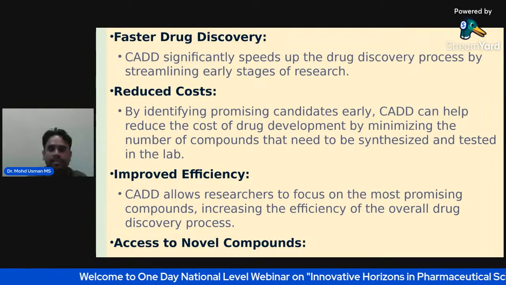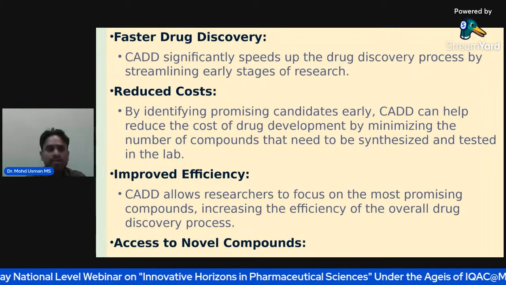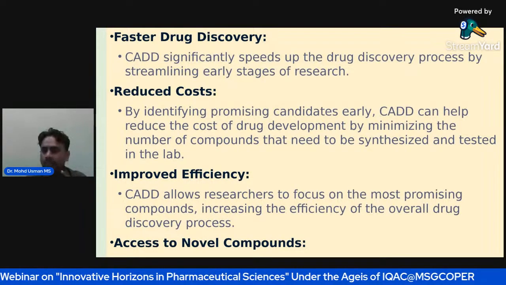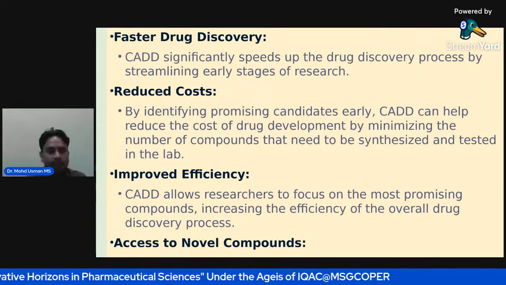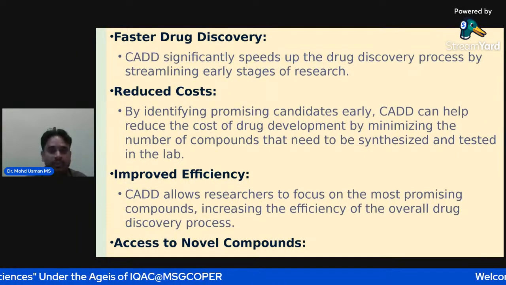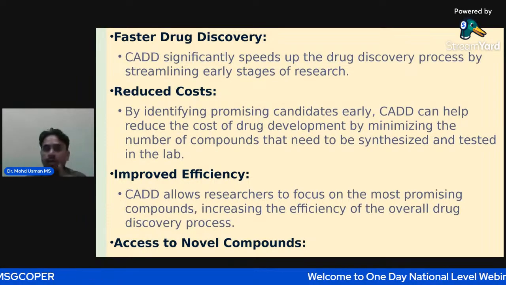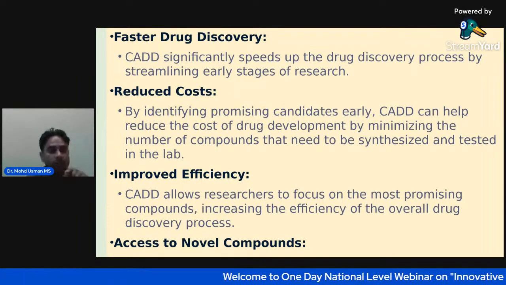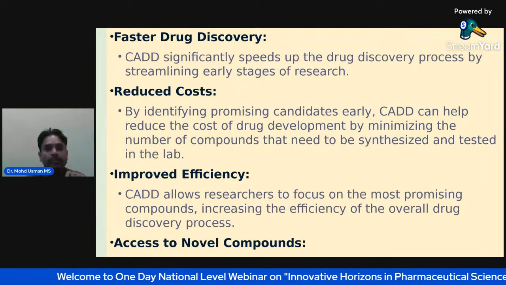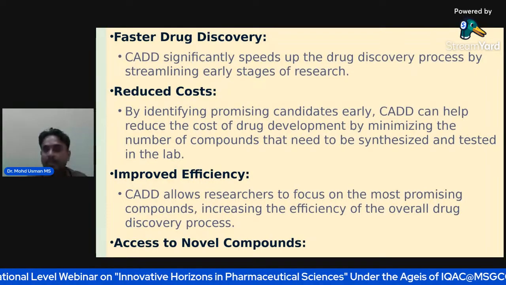Previously, when everything was manual, with all the practical and experimental procedures done in the lab, it required more than 15 to 20 years for one molecule to get clinical approval. But now this time is reduced by 4 to 5 years by the use of computer-aided drug design, or nowadays artificial intelligence.